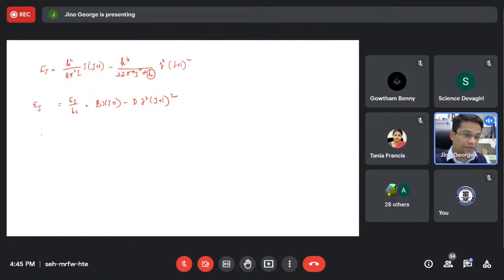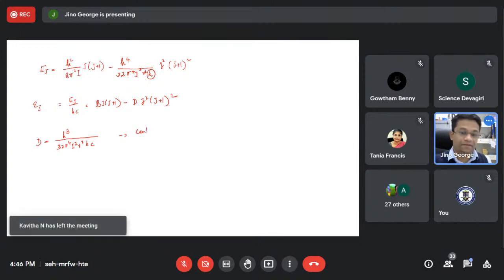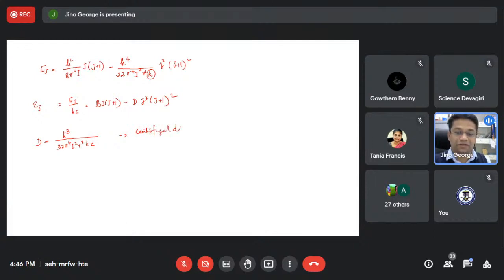Where D is already defined, D is equal to h cube divided by 32 pi to the power 4 I square r square k c. This is called the centrifugal distortion constant.